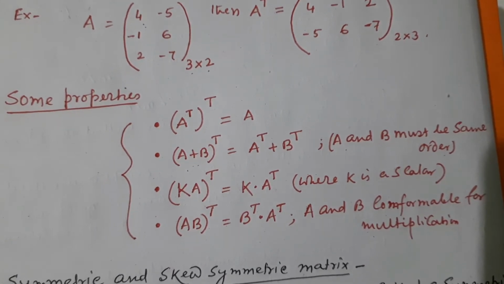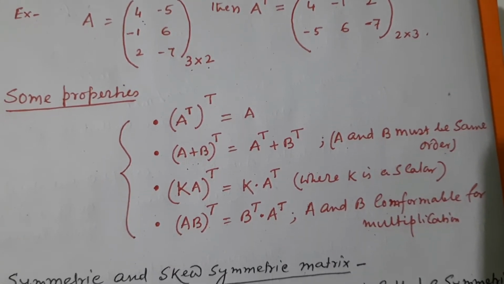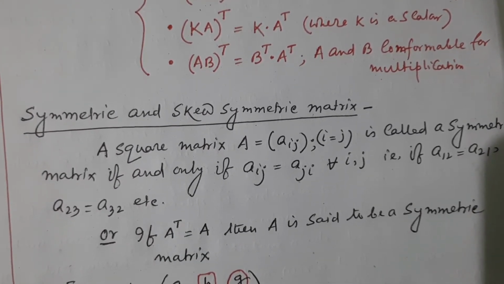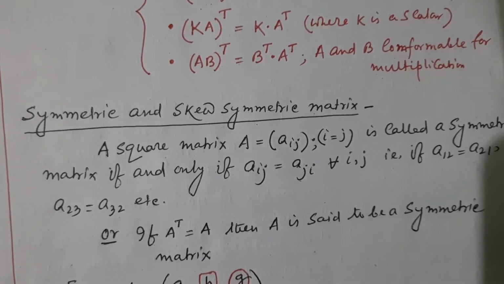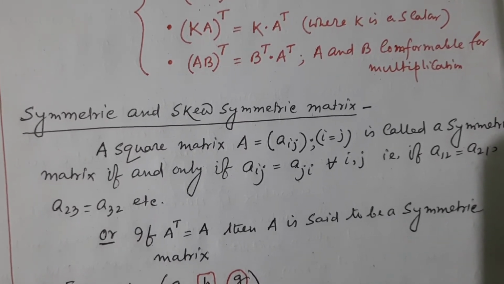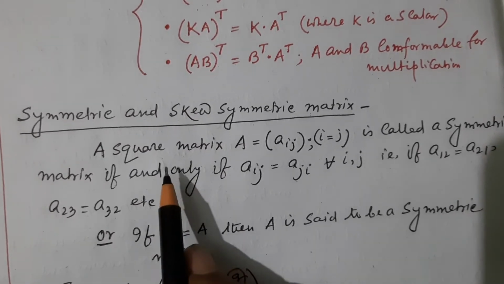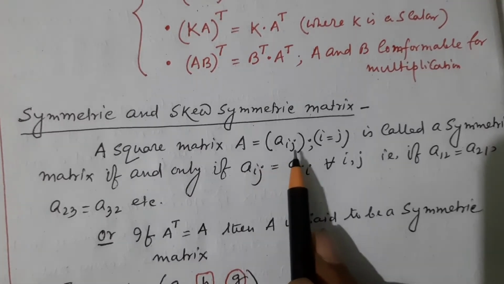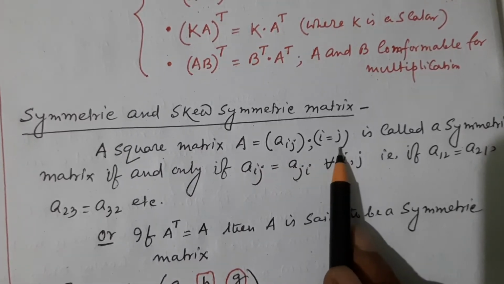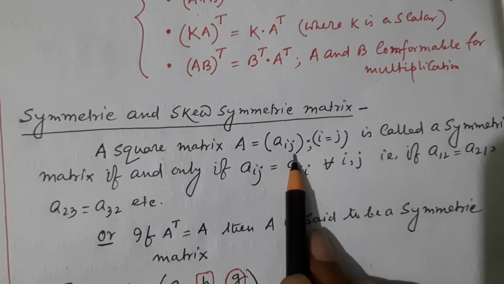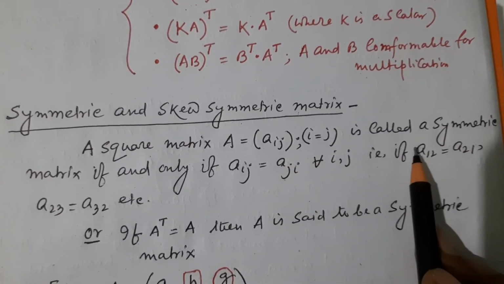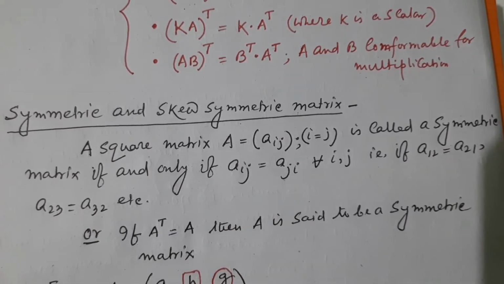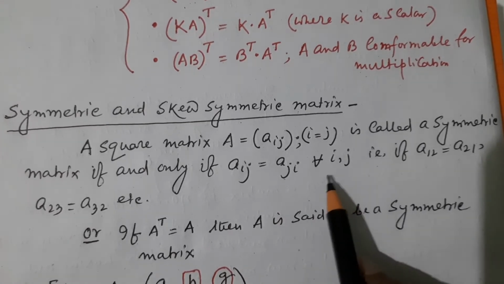Now we study another kind of matrix, symmetric and skew symmetric matrix. A square matrix A equals Aij, where the number of rows must equal the number of columns, is called a symmetric matrix if and only if Aij equals Aji for all i and j.